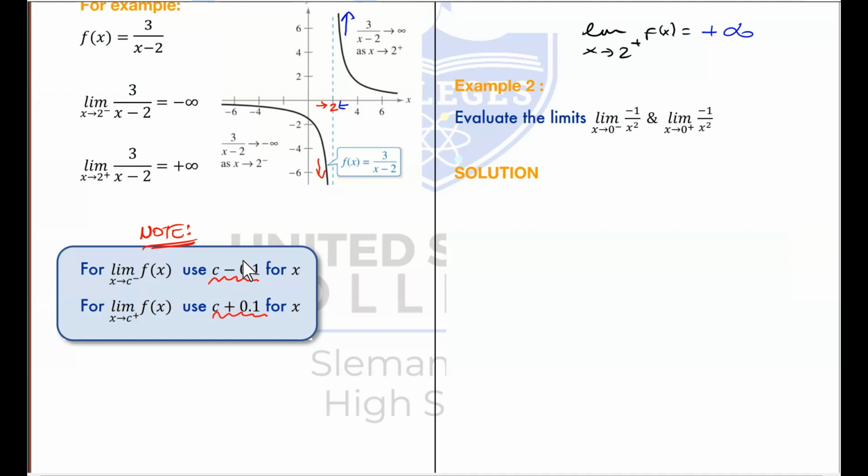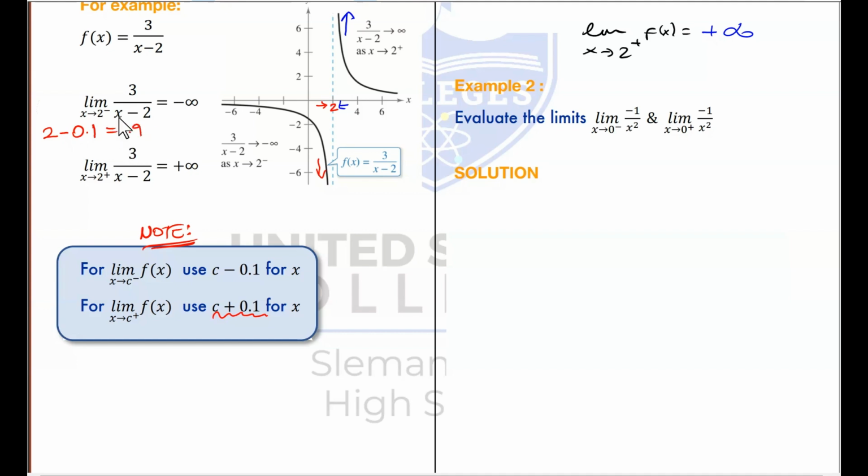All right. So in this question, how does it work? For example, by using this idea, 2 from the left, you pick a number very close to 2 but smaller than 2, or you use this c minus 0.1 rule, so you can subtract 0.1 from 2, it's going to be 1.9.